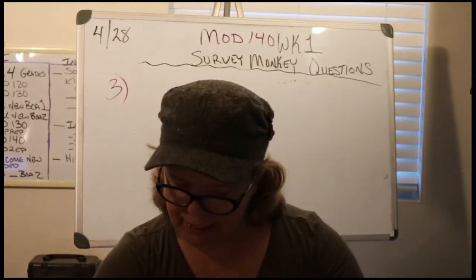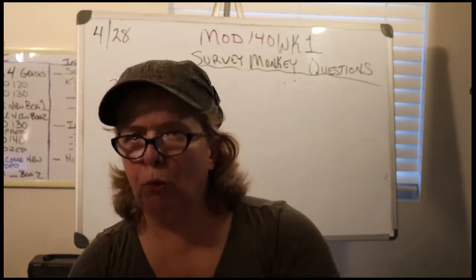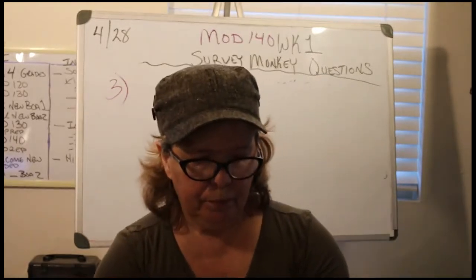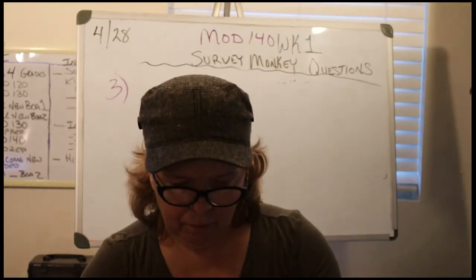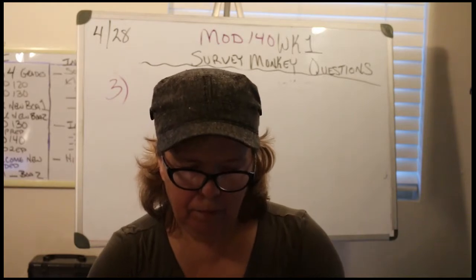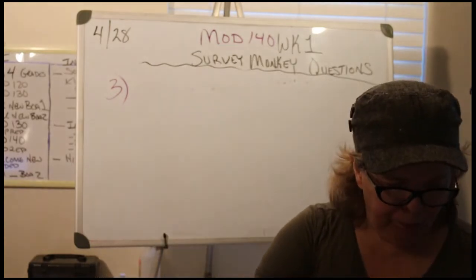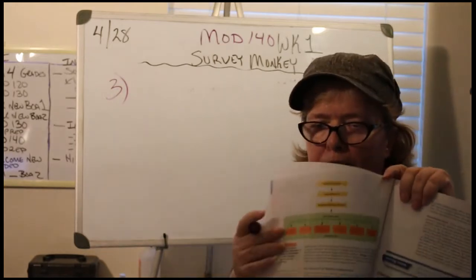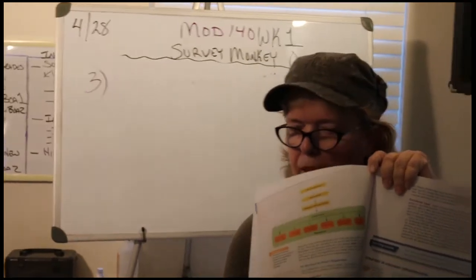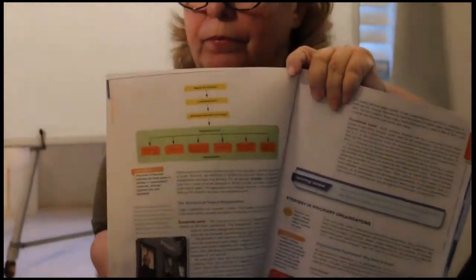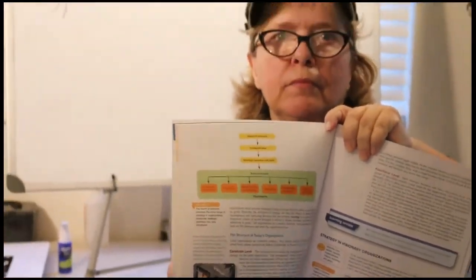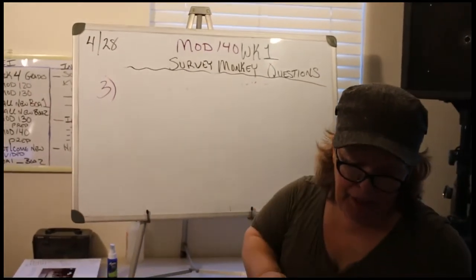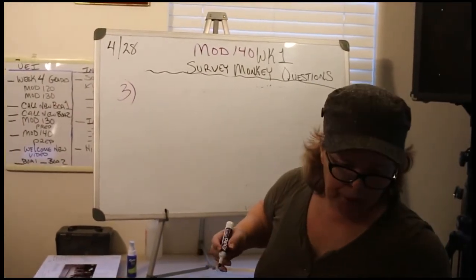Number 3 is describe the 3 levels of today's organizations. You go to page 30 for this, and it talks about the 3 levels of an organization. The first level is the corporate level.